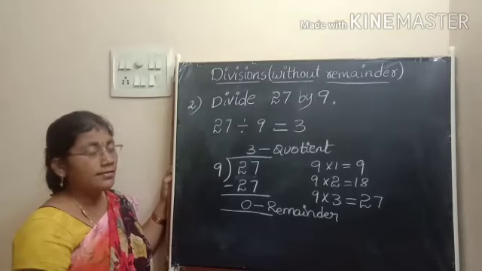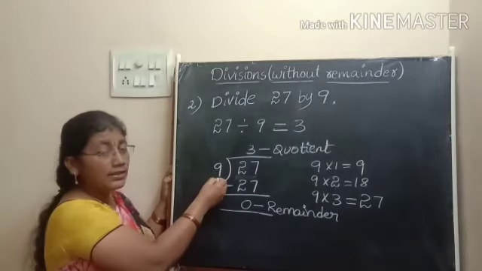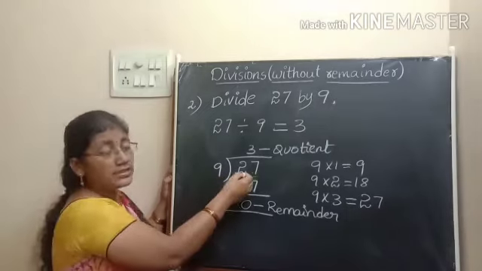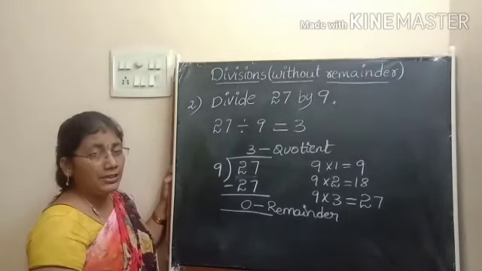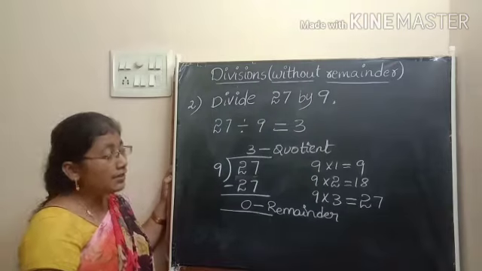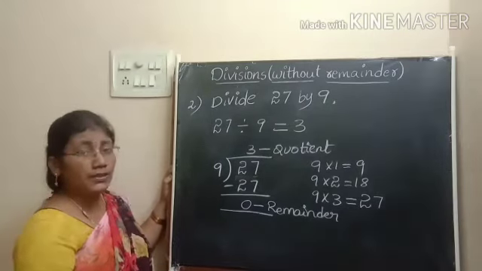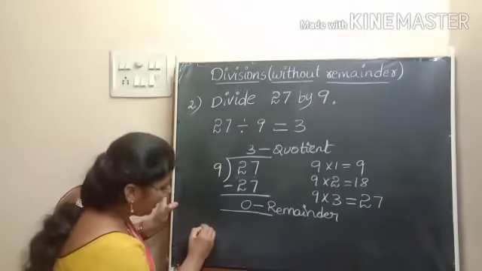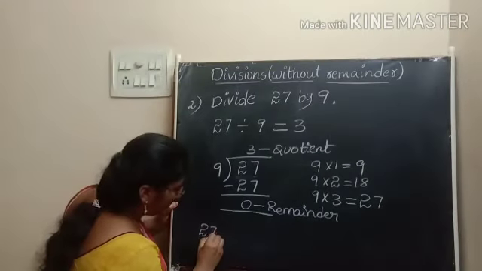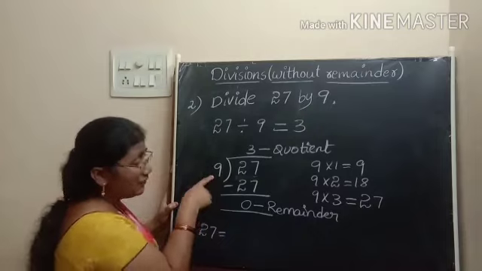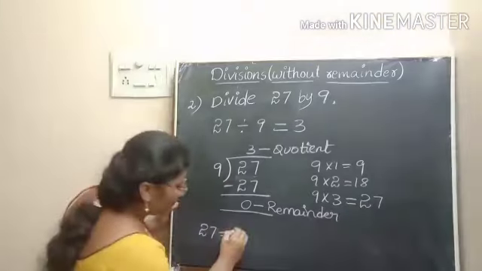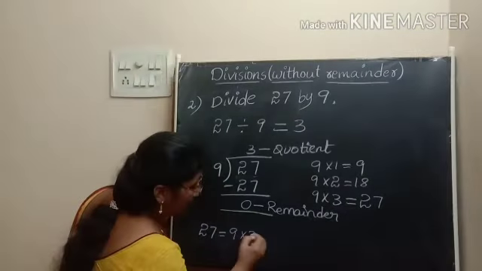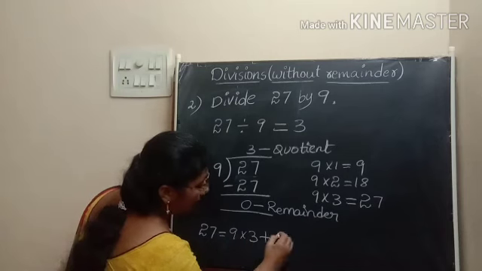Understood, children? Already we know that 9 is divisor and 27 is the dividend. Here we have to observe one thing, that is we get 27 by multiplying divisor and coefficient plus remainder 0.